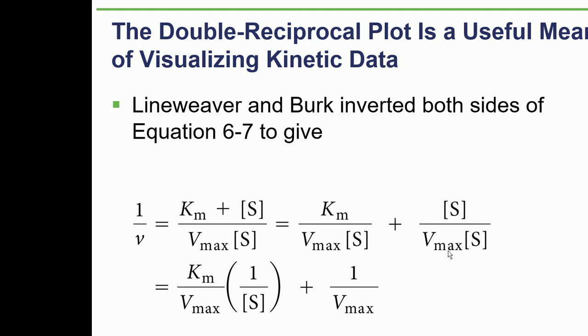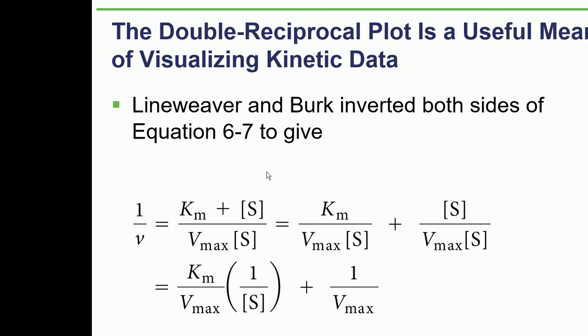So to calculate the numerical values, we use another equation called the Lineweaver-Burk equation. This Lineweaver-Burk equation is basically an inverse of the Michaelis-Menten equation. It is 1 by V equals Km plus S divided by Vmax into S. Our Michaelis-Menten equation was V is equal to Vmax multiplied by S divided by Km plus S. So it is the inverse of that, and you can see how mathematically it is broken down.